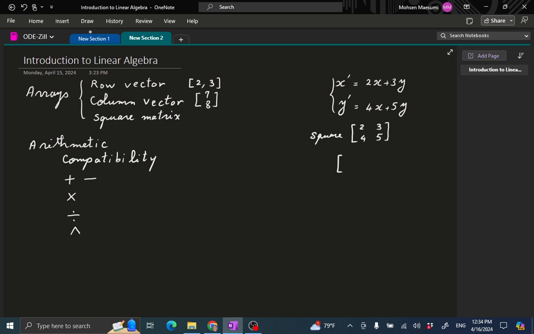So if I have, for example, 2, 5, 7, 8, 9, 1, this array is of course 2 rows by 3 columns. We abbreviate this as 2 by 3. The first number is how many rows we have, and the second one is how many columns. For a square matrix, the number of rows and columns are the same.